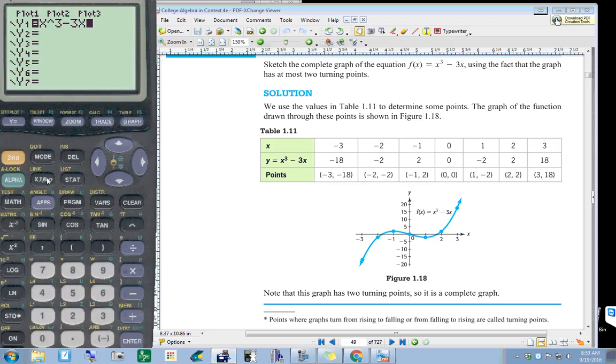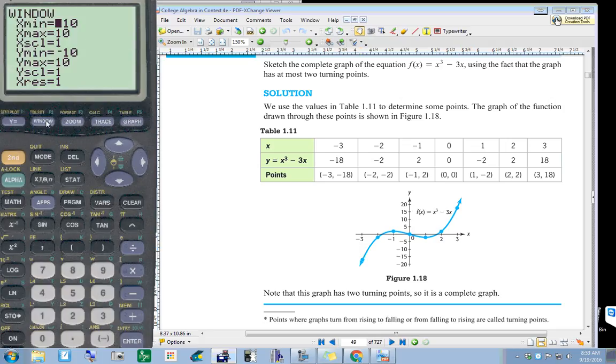Okay? So when I hit graph, I see this. Now, does this graph look exactly like what they've got down there in their figure? You'll notice that it's on a different scale. You'll notice here it goes from -3 to 3.